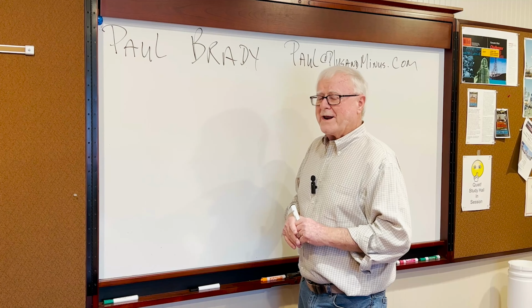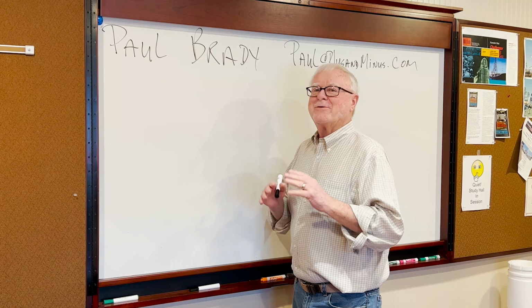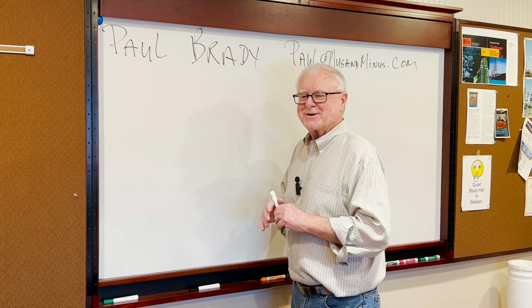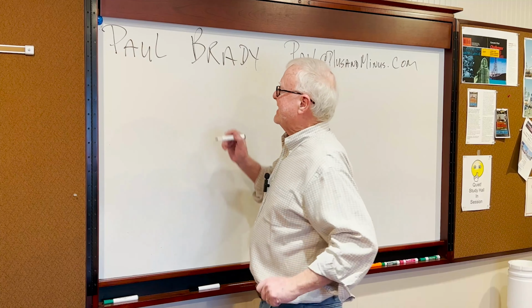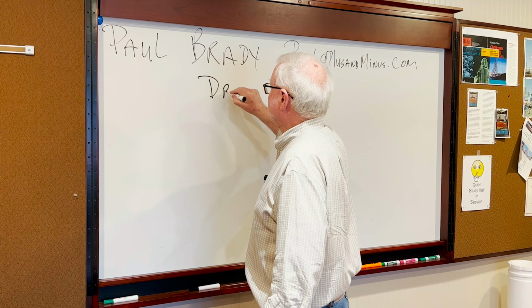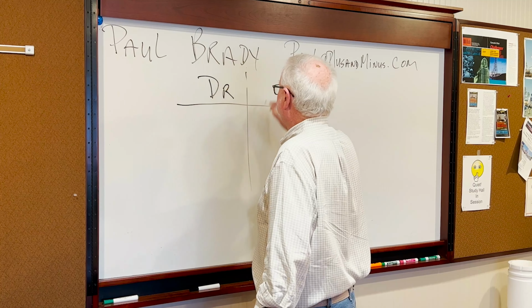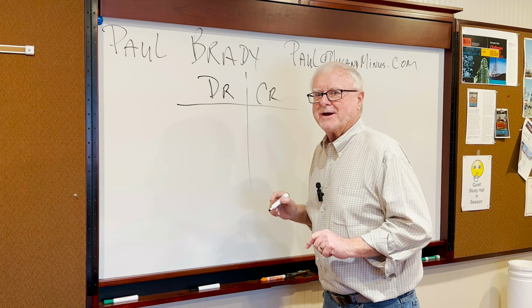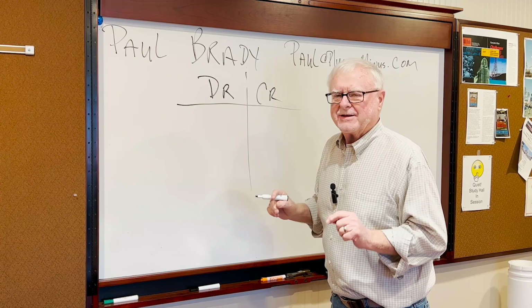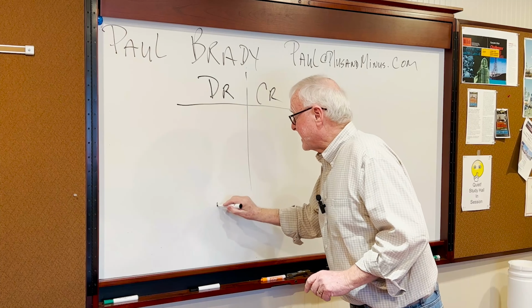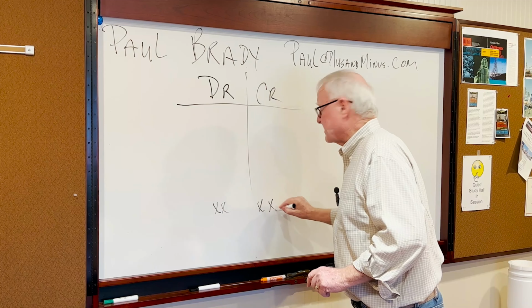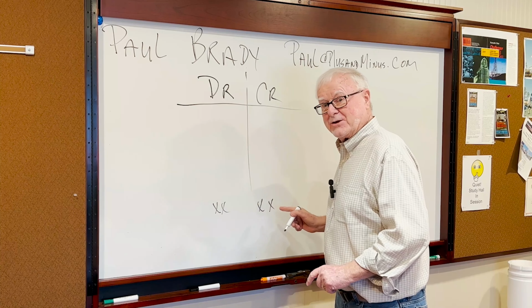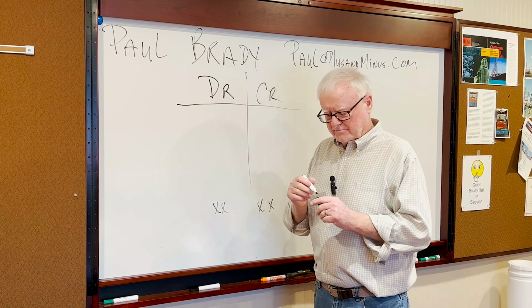So what happens when we get information into the computer? Well, I told you we use debits and credits. Every journal entry we make has to be balanced. What do I mean by that? It means that the total in the debit column has to equal the total in the credit column.